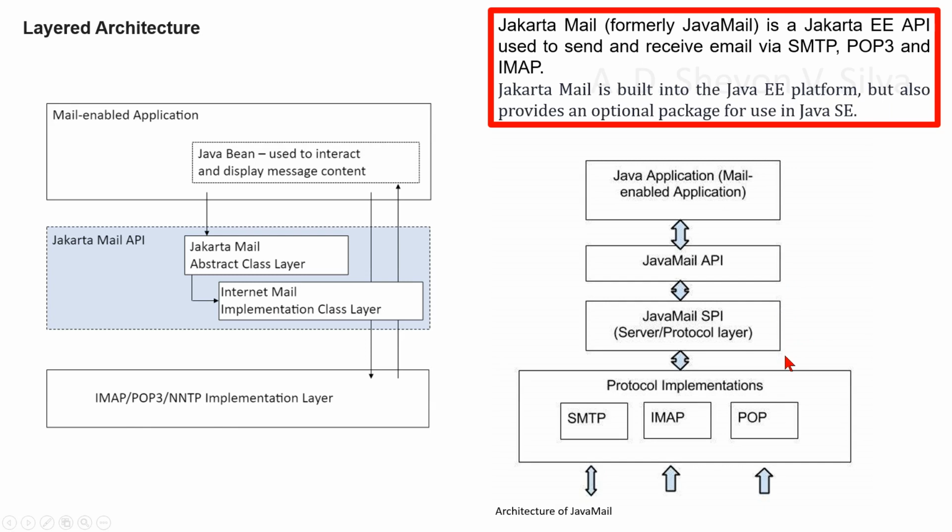This part of the API speaks the protocol specific languages such as SMTP, POP, IMAP, and Network News Transfer Protocol, NNTP. It is used to plug in a provider of an email service to the J2EE platform. This figure illustrates the JavaMail architecture and interaction of the two main APIs.